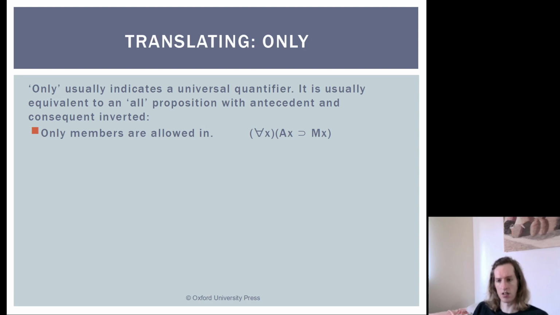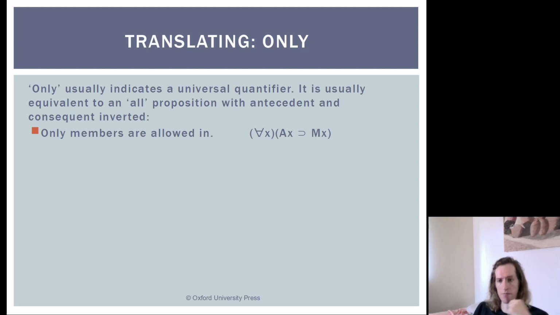If I say "if P then Q," then what follows "if" will be the antecedent, and what follows "then" will be the consequent. But if I say "only if P then Q," then the order is going to be flipped. So the same thing will apply here.